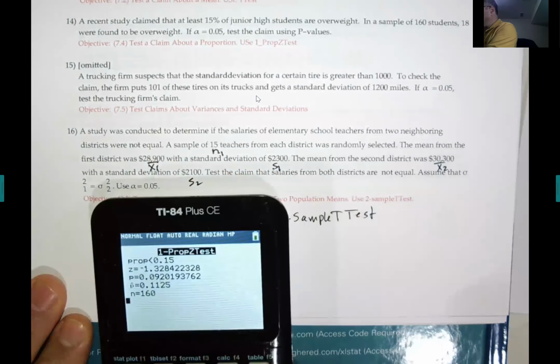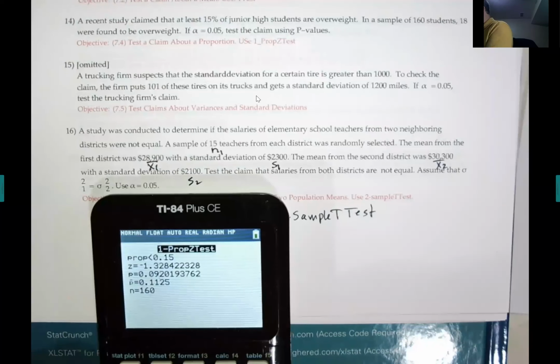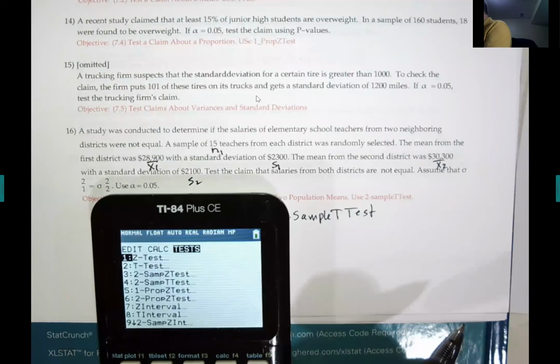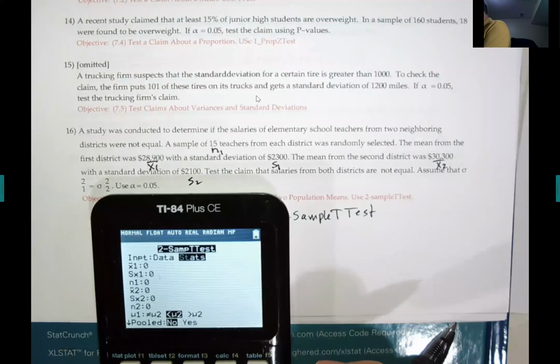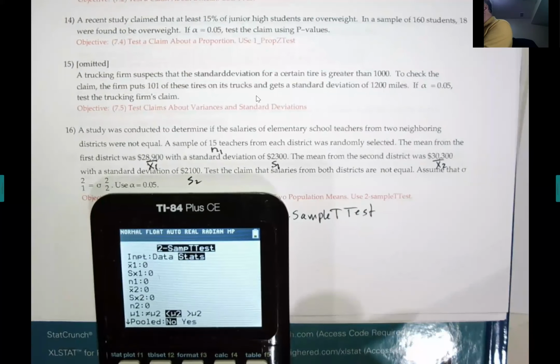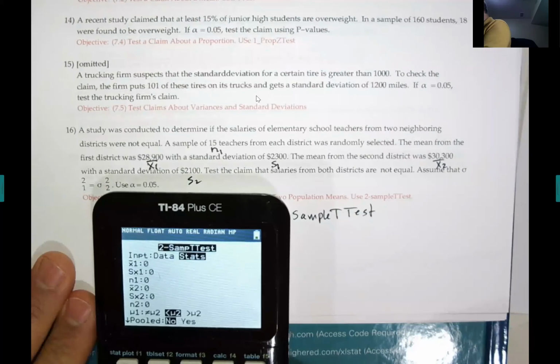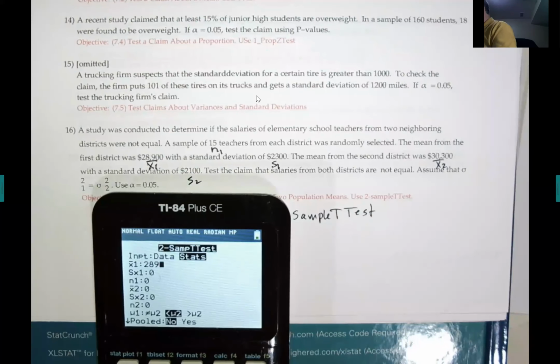So I'm gonna get the calculator ready. Stat, tests, 2-sample t-test. It's number 4. Let's walk through it. We have summary. So X1 bar is 28,900. S1 is 2,300.